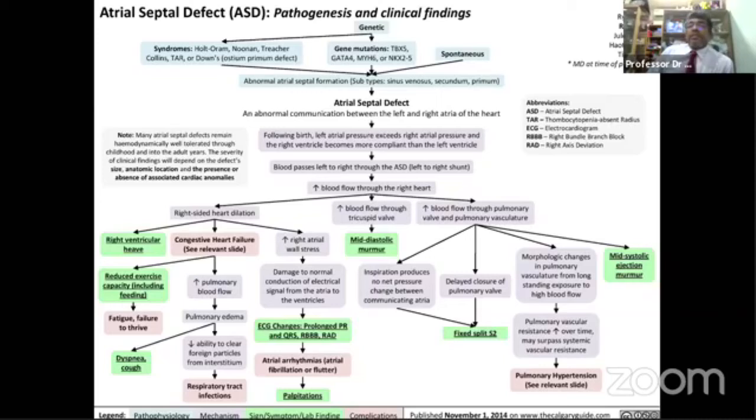Usually this mid-systolic ejection murmur is due to the flow through the pulmonary vasculature. And we may also get the features of pulmonary hypertension. Due to pulmonary hypertension, usually there is right ventricular enlargement, so a right ventricular heave may be found.